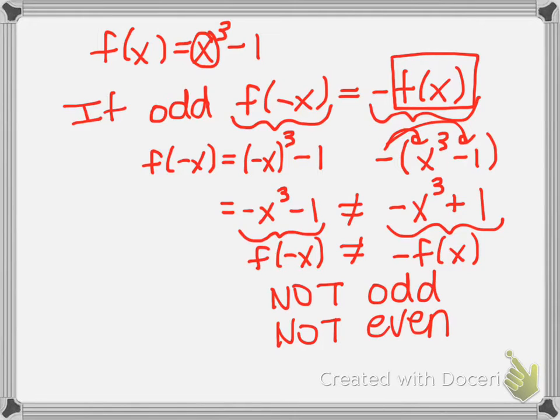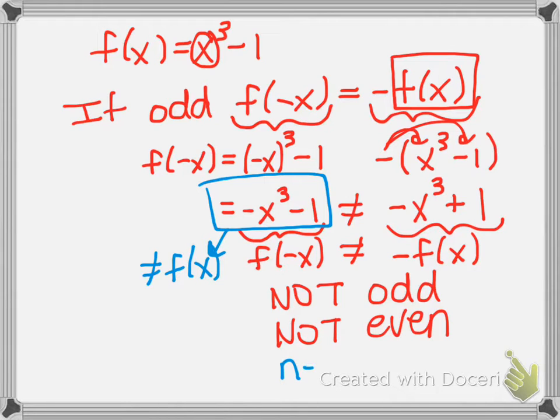We also know it algebraically because when we got our answer for f of negative x, that answer also was not equal to the original equation. So when we plugged negative x into the equation, we didn't get the original equation back, and we didn't get the opposite of the original equation. So it's not even and not odd, and so we call it neither. Doesn't mean no symmetry. It just means it doesn't have the two kinds we prove algebraically.